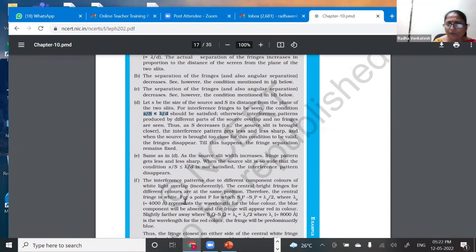Why does he say only blue? Why is violet generally never spoken about? Violet is not very sensitive to our eye. Blue is very sensitive to the eye, so you can talk with blue color. So blue color will appear first, then the red color. Got it?